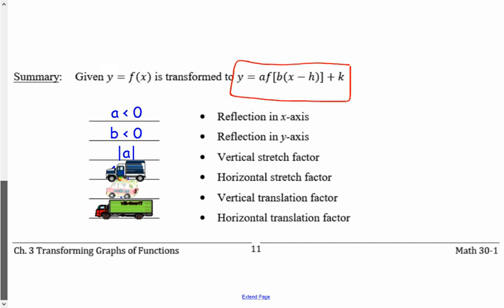I'm not hearing a unified statement there. Let's try this again. Horizontal stretch factor, 3, 2, 1. Again, that wasn't all the same. I can't give you anything for that, sorry. 1 over the absolute value of B. So it's not just the absolute value of B.